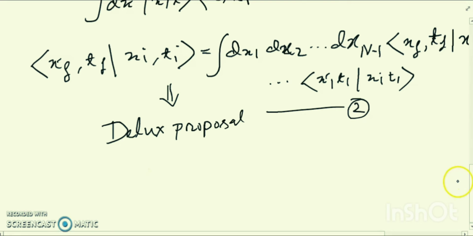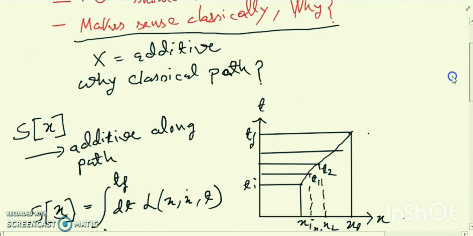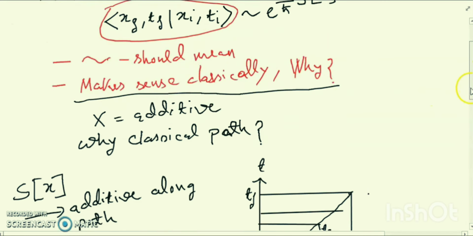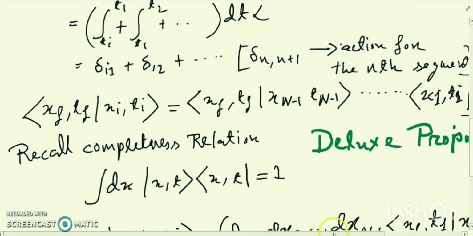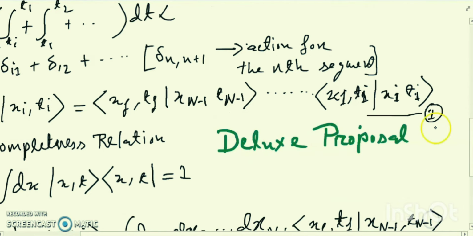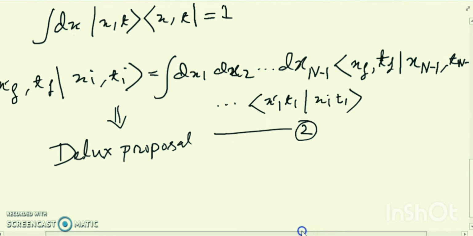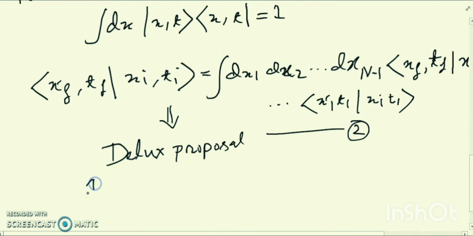So 1 and 2 can be the same only in the classical limit. Okay, what is my equation 1? Let's see. Yeah, this is my equation 1 and this is my equation 2. So 1 equals 2 only in the classical limit, if h bar tends to 0.